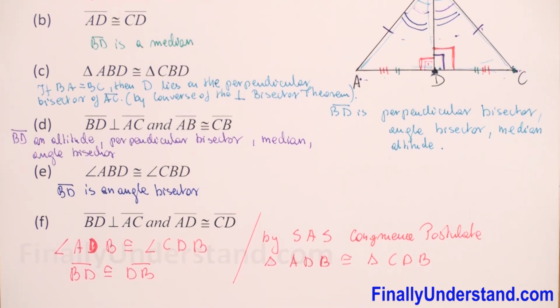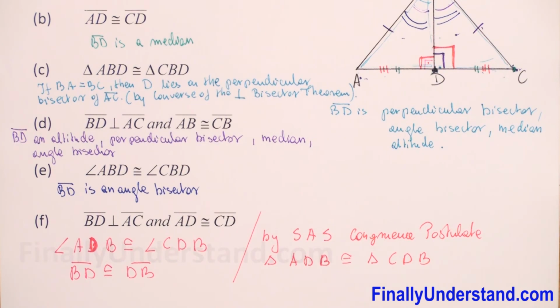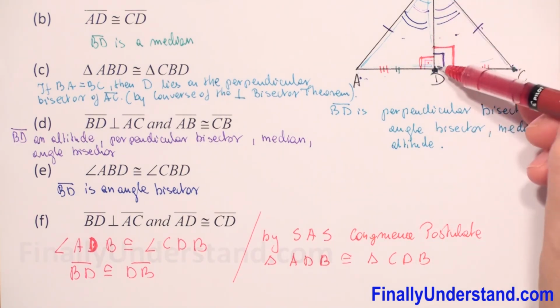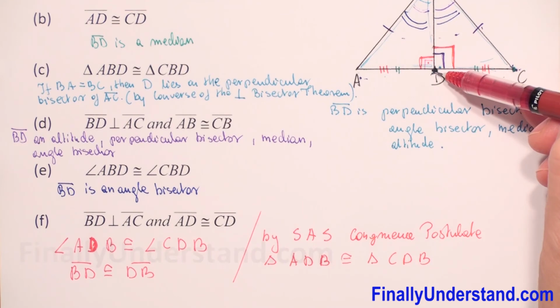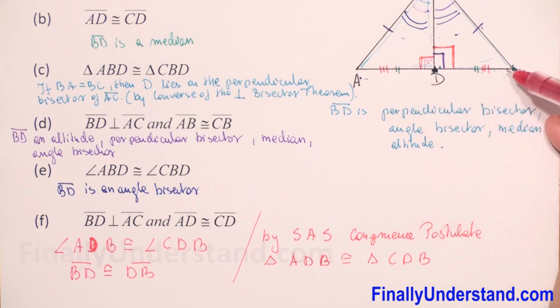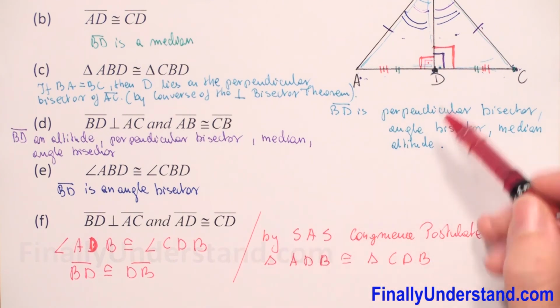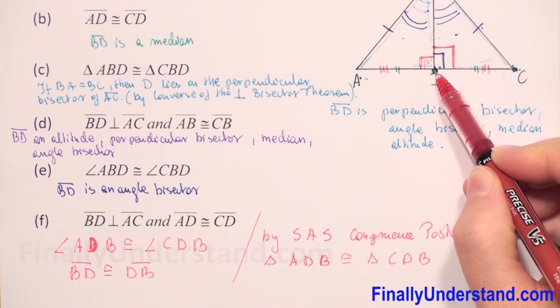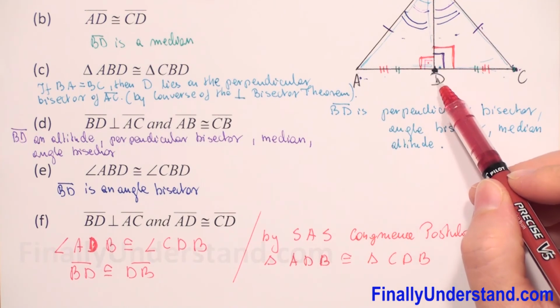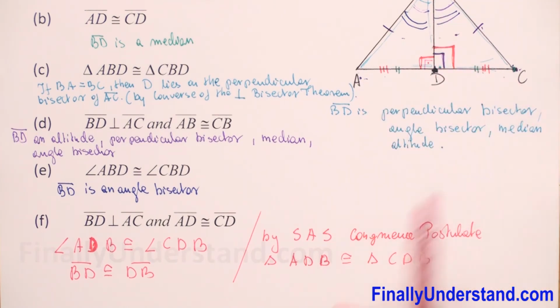So now, first, what we can say about BD, that BD is perpendicular bisector. Let me remind you what is perpendicular bisector. It is the segment that is perpendicular to a segment at its midpoint. So D is the midpoint of AC, because we have given that AD is congruent to CD. So D is the midpoint, and we know that BD is perpendicular to AC.